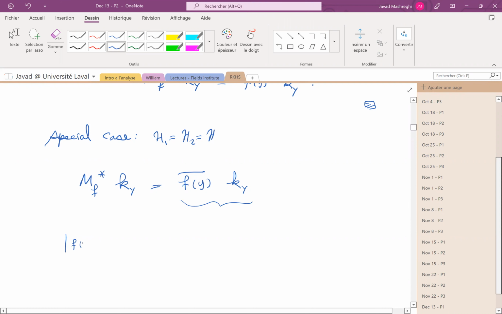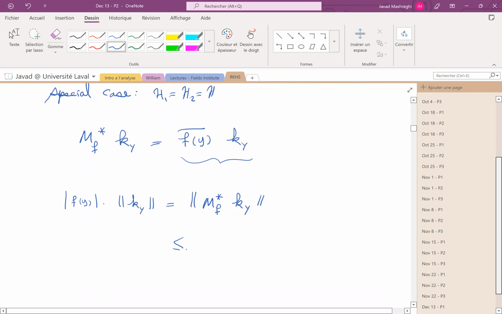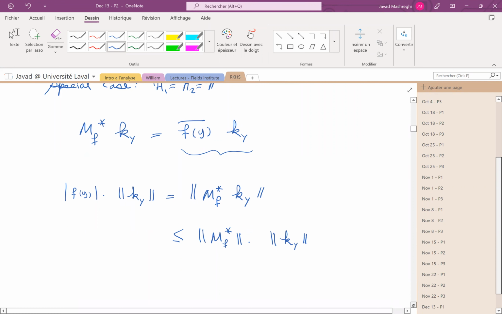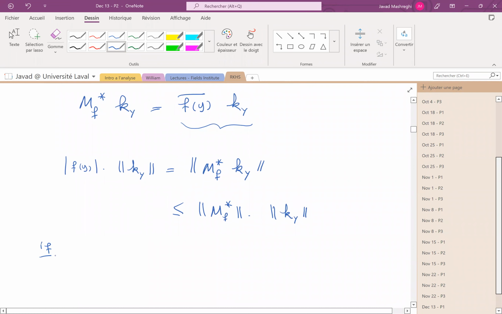It gives us absolute value of F(y) times the norm of K_y is equal to the norm of M_F star K_y, less than or equal to the norm of M_F star times the norm of K_y. So if y is such that the norm of K_y is not equal to 0, then we conclude that F(y) is majorized.